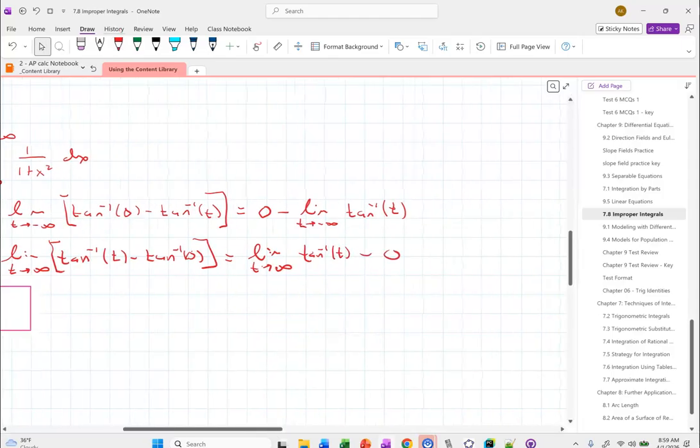Okay. All right. Who knows what the limit as t goes to negative infinity of tan inverse is going to be?